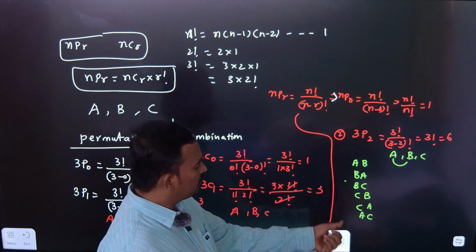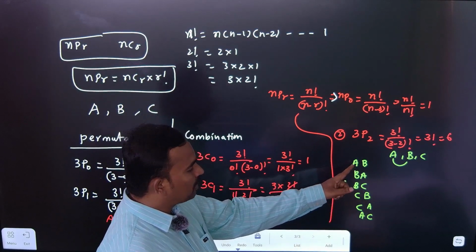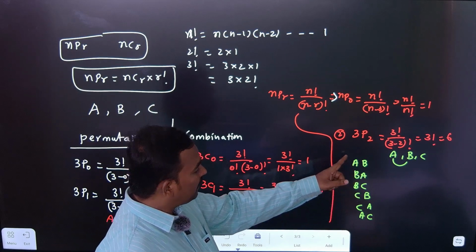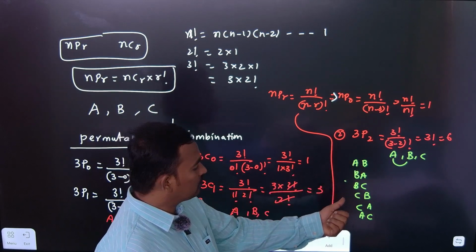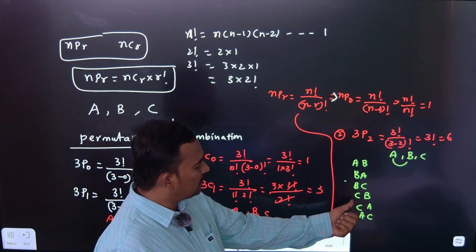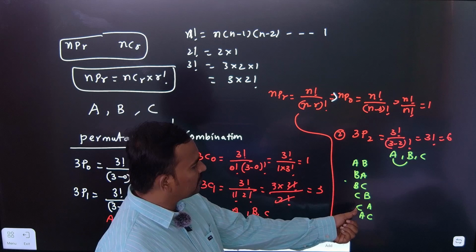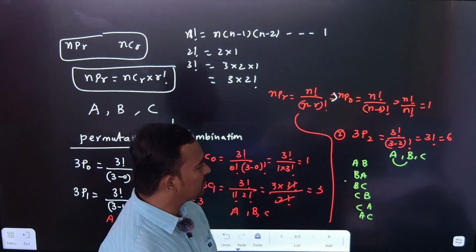Any 2 terms, right? So 2, 4, 6. So how to remember this quickly? A fixed, then AB and BA arranged. B fixed here, B to C and C to B, and C fixed here, C to A and then AC. These are the 6 possibilities.